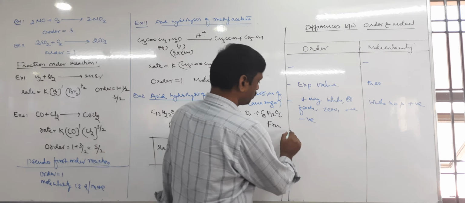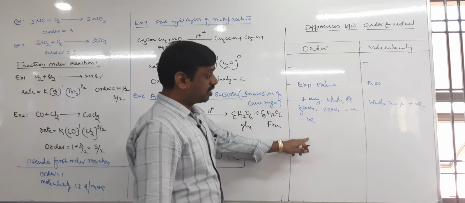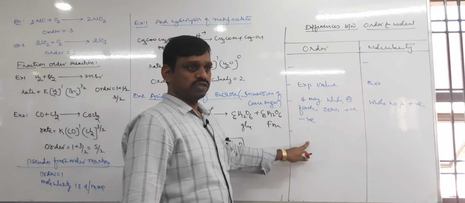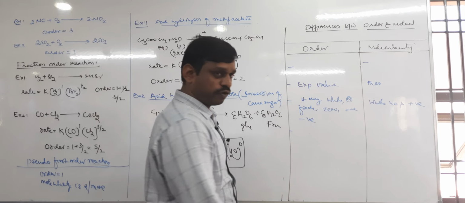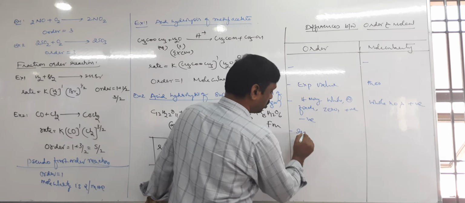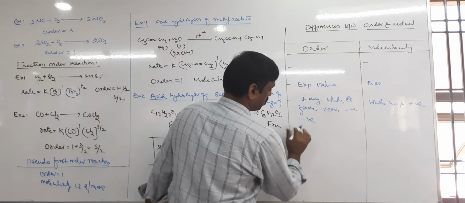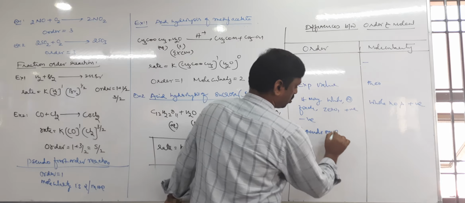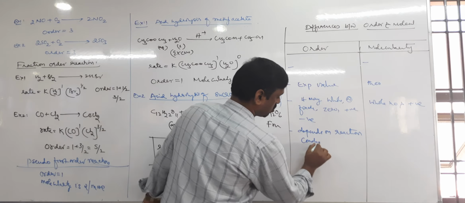Next, any other difference? Order depends on reaction conditions, because it is an experimental value, no. Since it is an experimental value, it depends on experimental conditions. Therefore, it depends on reaction conditions.